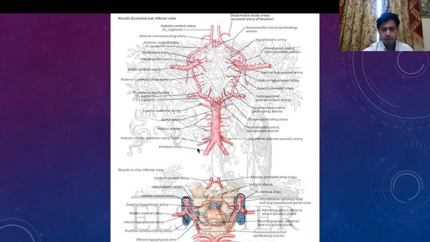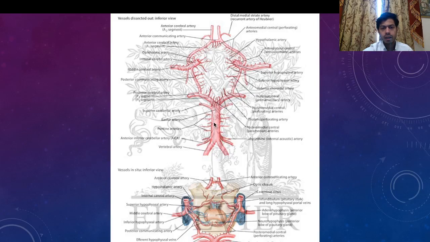The vertebral artery and the basilar artery are continuations. So the first branch will be the AICA, the anterior inferior cerebellar artery. The next branch that it will give off as it travels up to the brain will be the pontine arteries, which will be supplying the pons.